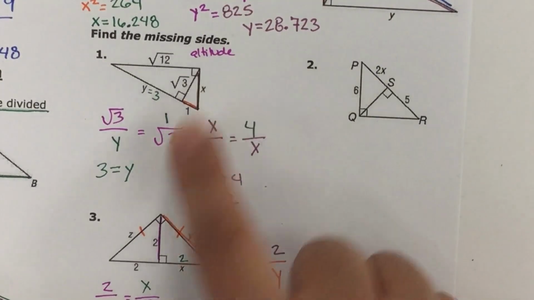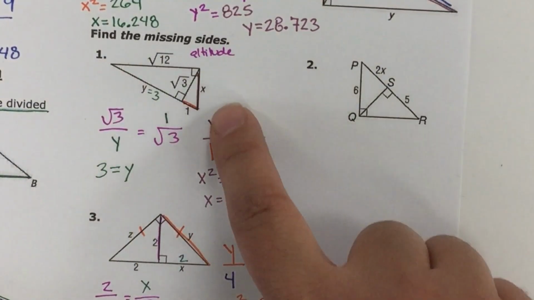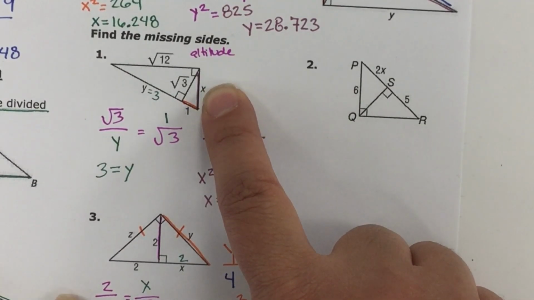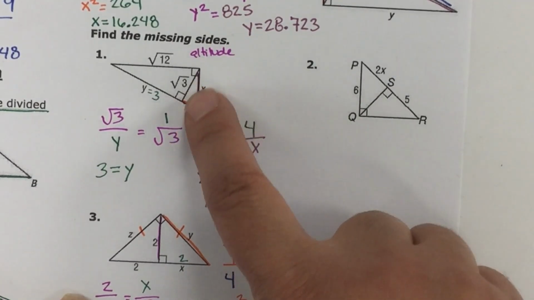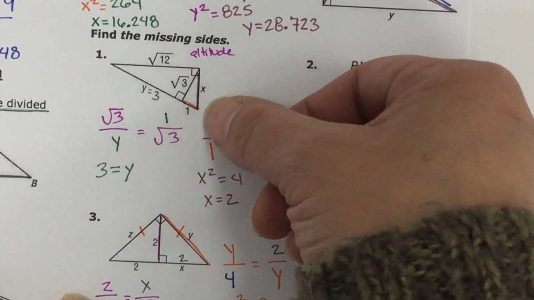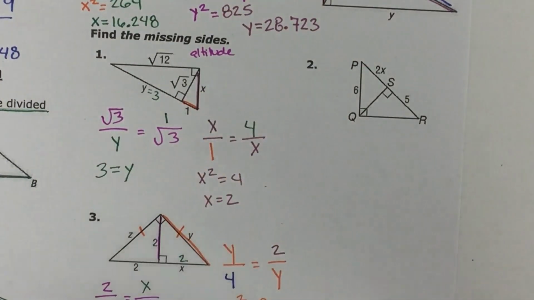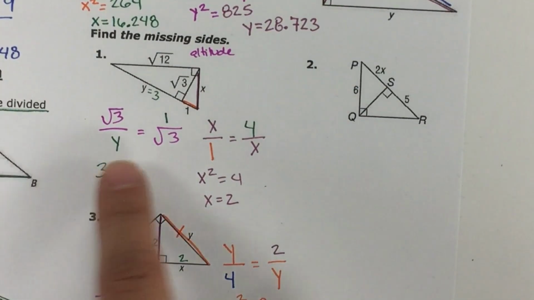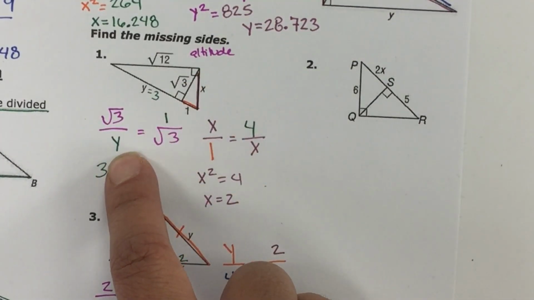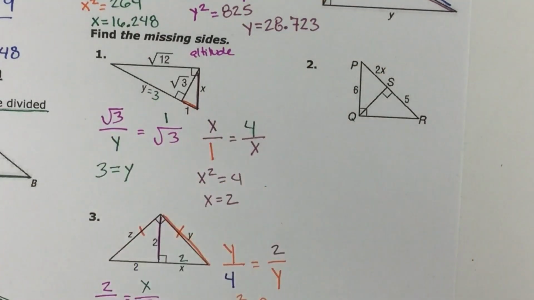So we're looking for the missing side. This side is a leg that I have, and I do know the altitude. So because I'm looking for one of the legs, I'm going to go ahead and choose to use this right triangle altitude theorem, where I take my altitude is equal to, excuse me, I'm so sorry, back up a little bit.